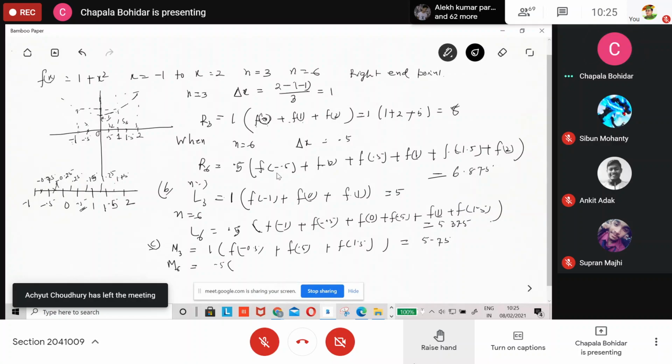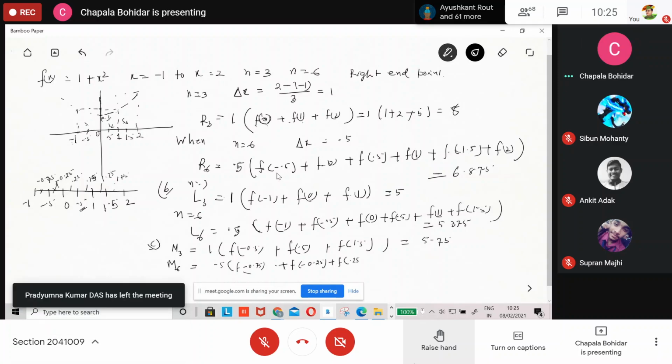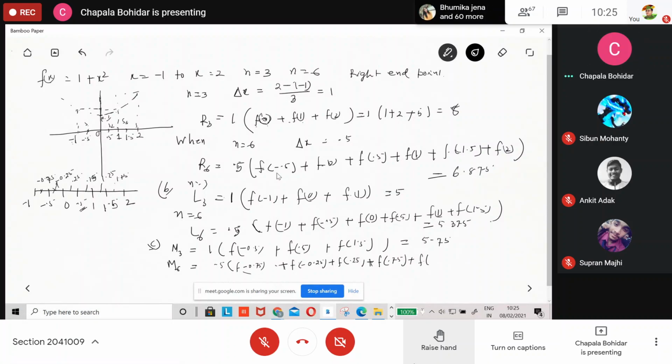Then it is f of minus 0.75 plus f of minus 0.25 plus f of 0.25 plus f of 0.75 plus f of 1.25 plus f of 1.75. What is the value?